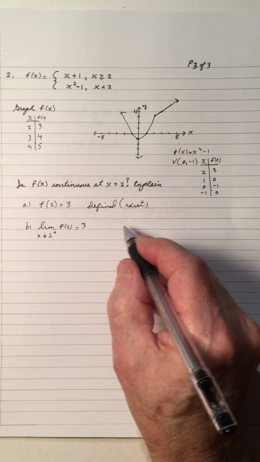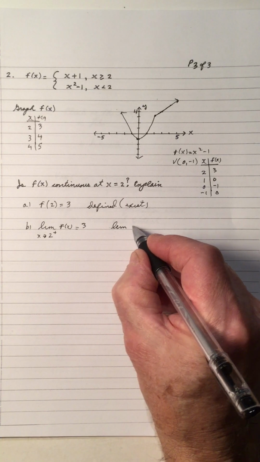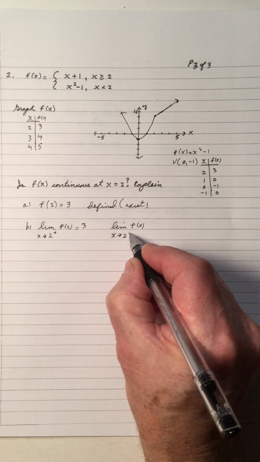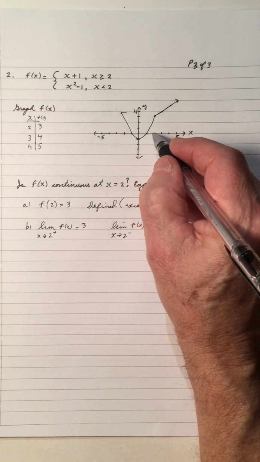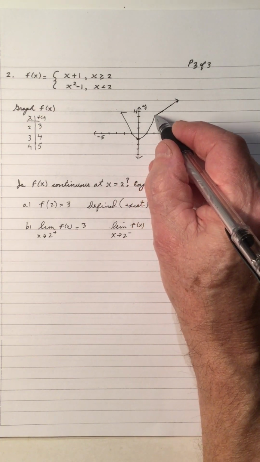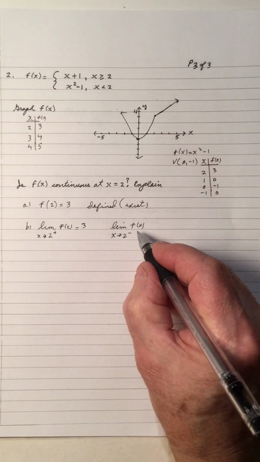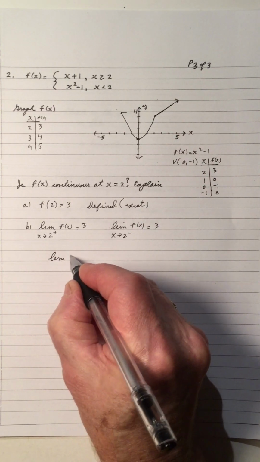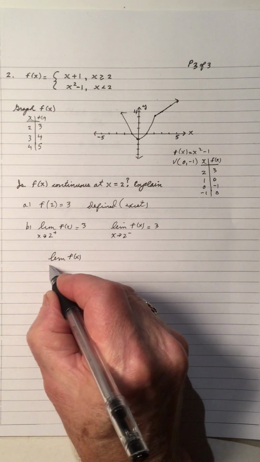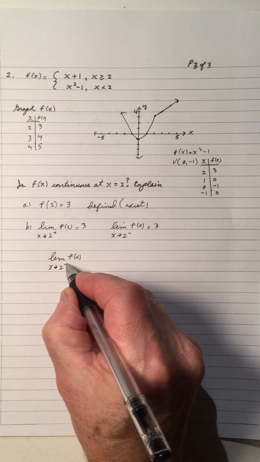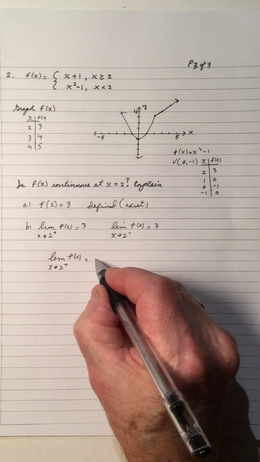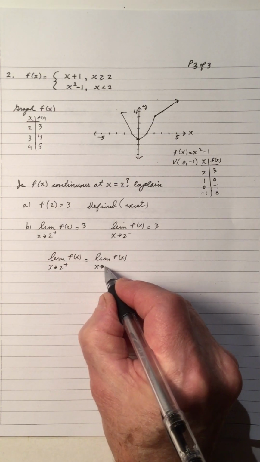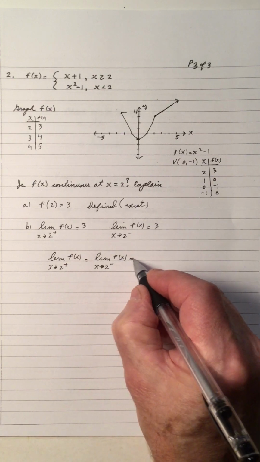Okay. And what about the limit of f of x as x approaches 2 on the left side? So we're approaching 2 on this side. We're coming in here. So what do we get? We have a 3. So that means the limit of the f of x as x approaches 2 from the positive side is equal to the limit of the f of x as x approaches 2 from the left side is equal to 3.